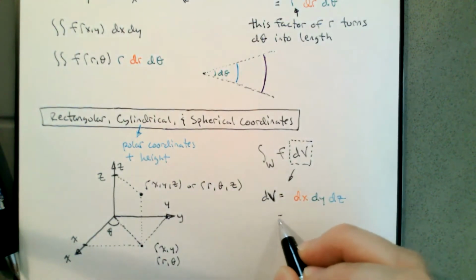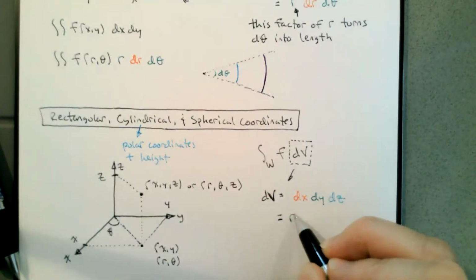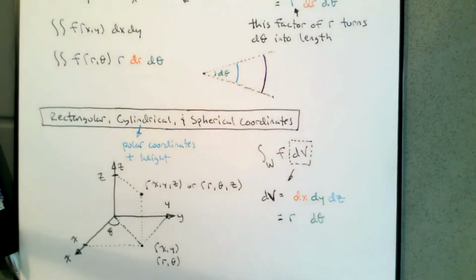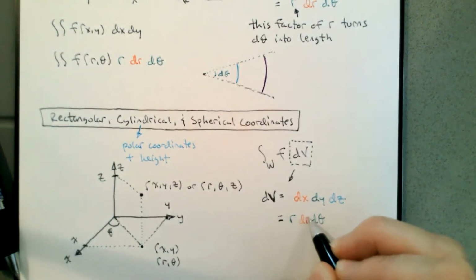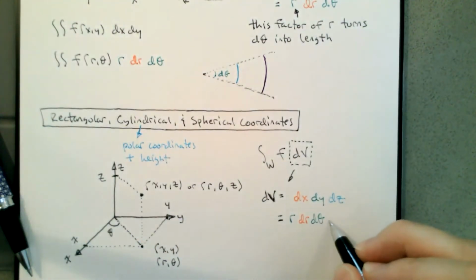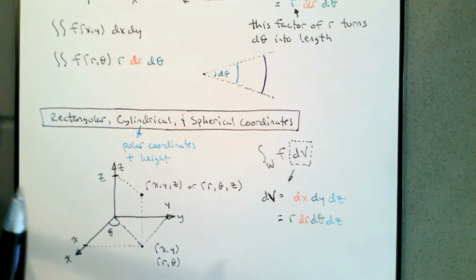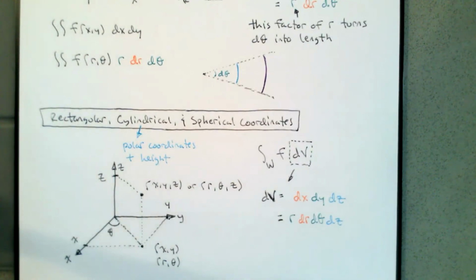But because we're just taking polar coordinates and tacking z on top, we just have to tack the r on to turn d theta into a length. r d theta is a length. And then we have a dr. And the dz in this dV is the same as the dz in the rectangular dV. We still need that r to turn d theta into a length.